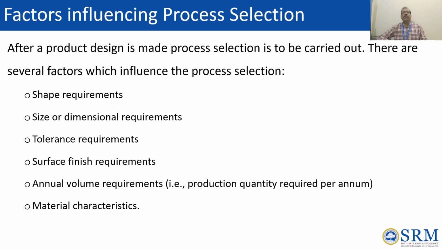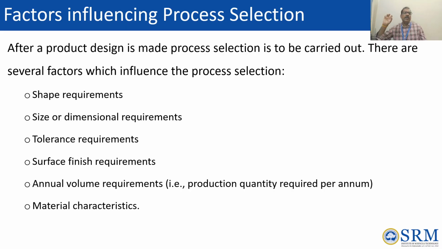Then how much volume are we going to make, annual volume or monthly volume? What is the production quantity required per annum or monthly? It depends on the client we have, and then we need to choose our process selection. If we are going to make a small quantity of product, then we need not set up any bigger, permanent layout.